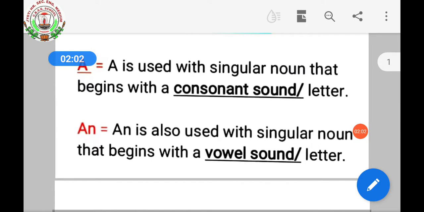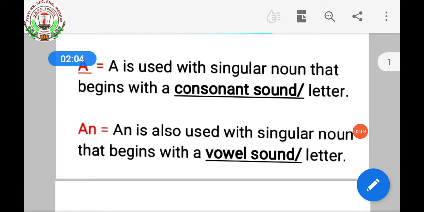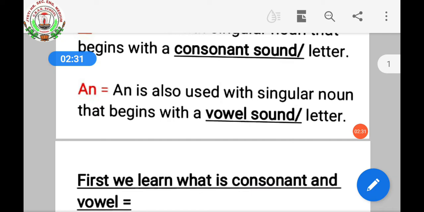So what is the common thing between both of them? Both a and an are used with a singular noun, but a is used when a consonant sound is coming and an is used when a vowel sound is coming. So I underline consonant sound and vowel sound, not the letter. You have to give more focus on the sound, not on the first letter of the word.